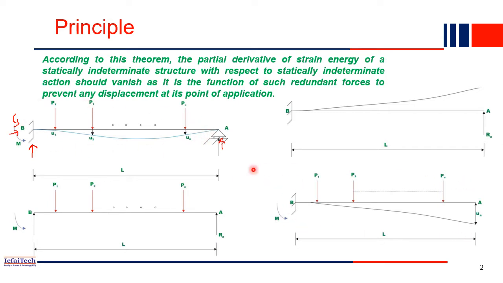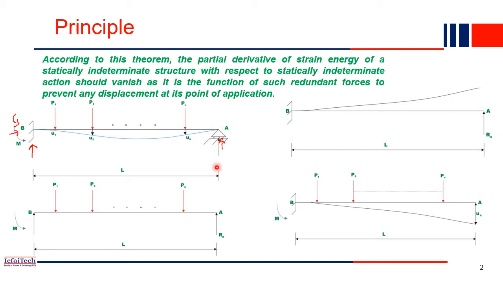So this is a cantilever beam with the multiple loads acting. And in the next part, we have a cantilever beam with no loads, only the RA reaction acting, the redundant force. So this is another beam where no load is acting, but only the redundant force RA is acting.